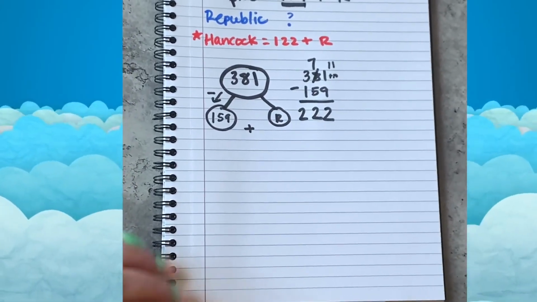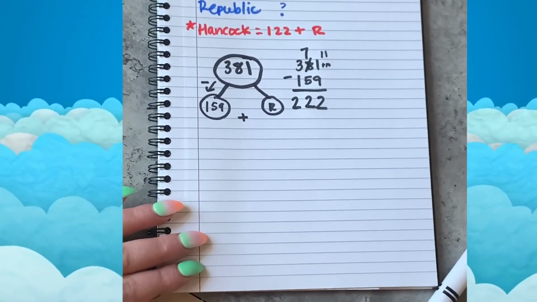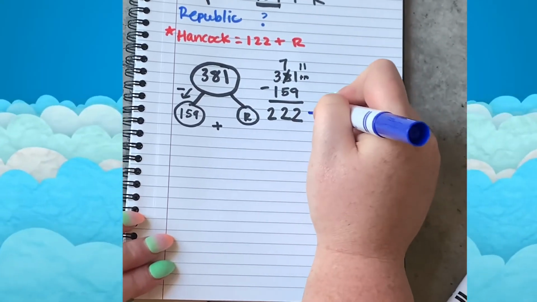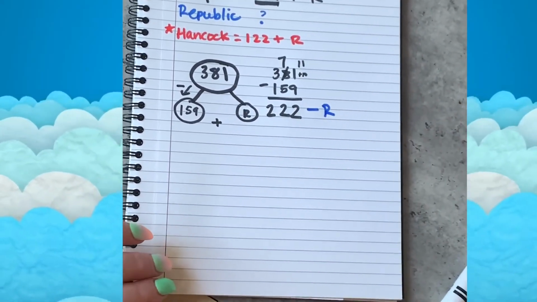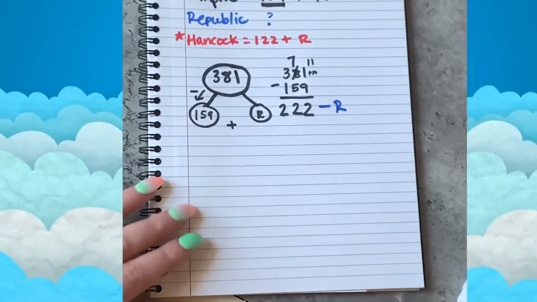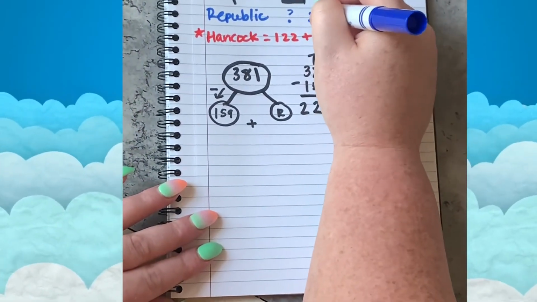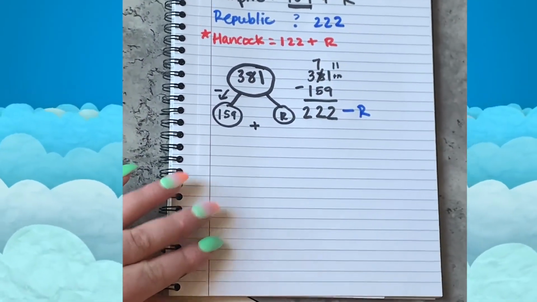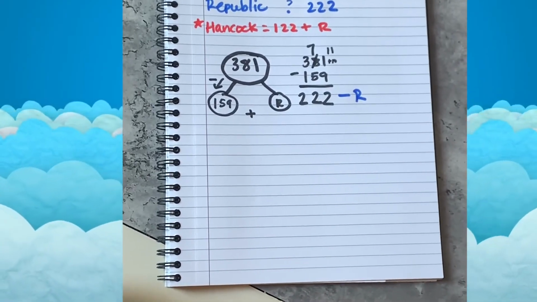So this means that the Republic Building equals 222 meters. Now, I'm one step closer to finding out the Hancock Building.